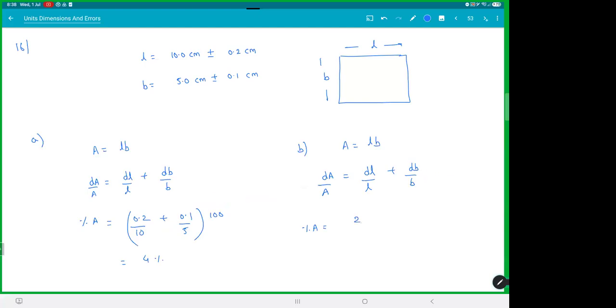That's almost 20% error there. So 2 by 10 plus 1 by 5, into 100. That's 40% error. So this would be wrong. This is not acceptable. This is a very large error. Power rule is not valid.